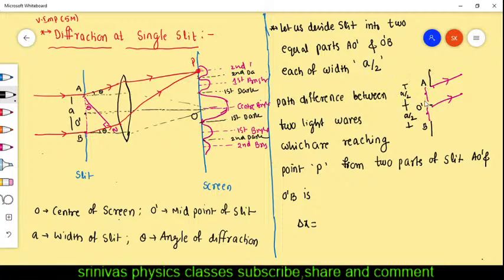The slit AB is the opening, and it is divided into an upper part and a lower part.